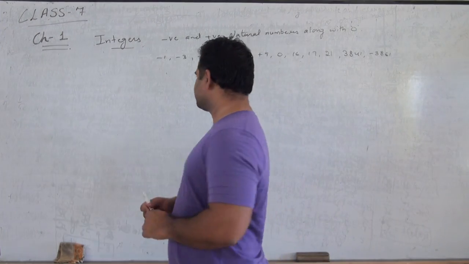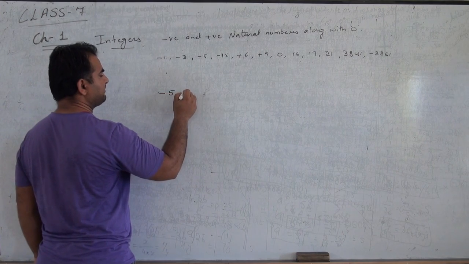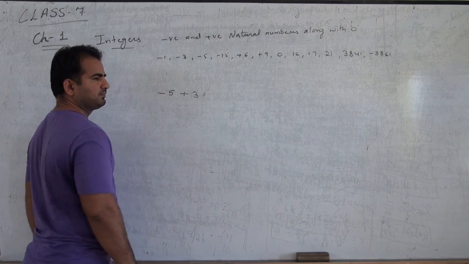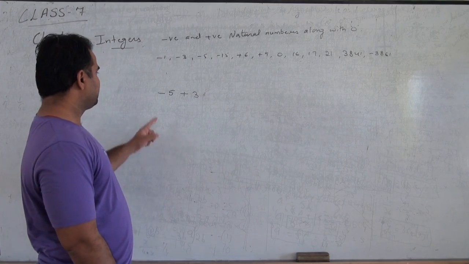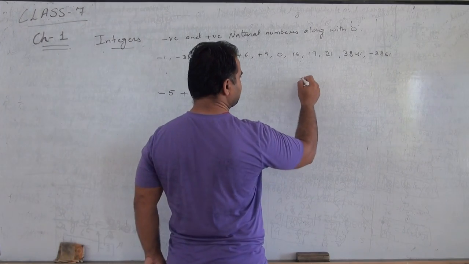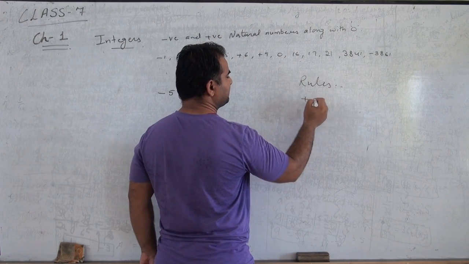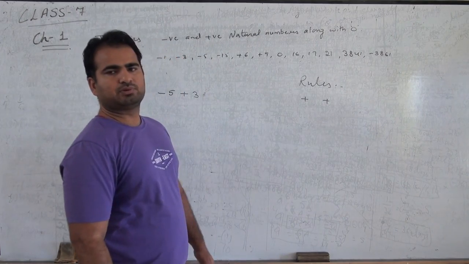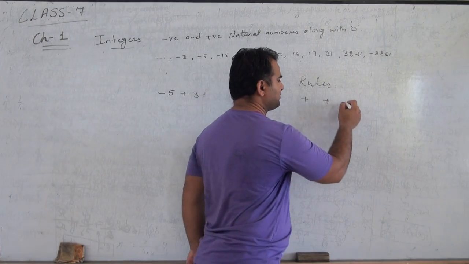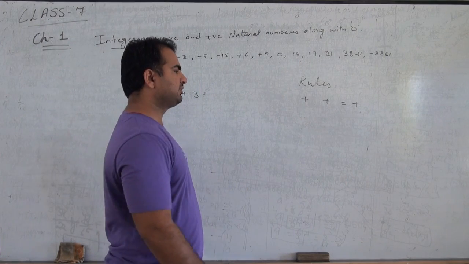Okay. So the question is minus 5 plus 3. I am writing the rules here. Rules: both positive signs are added and give a positive number.